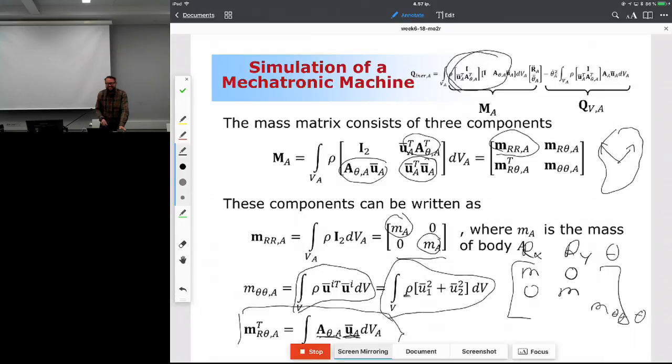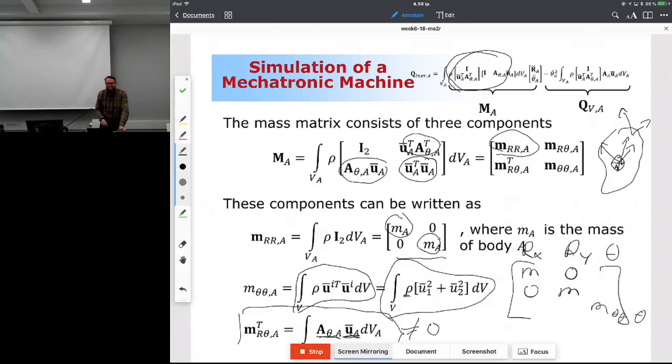This is where the body reference coordinate is located. If the center of mass is in the very same location, because of the nature of vector U-bar, this component will be equal to 0. But if I take my body reference coordinate system and put it in another location, then this component will not be equal to 0.